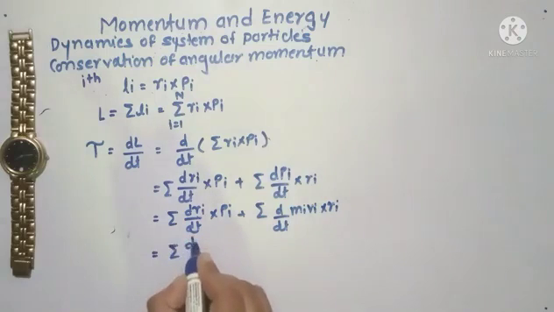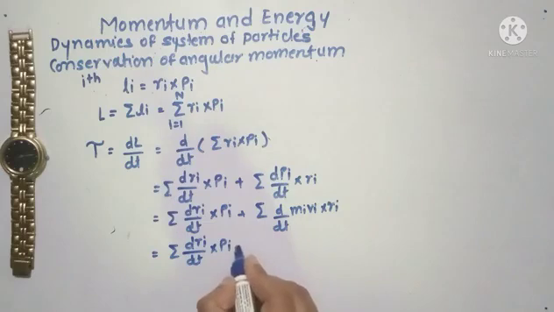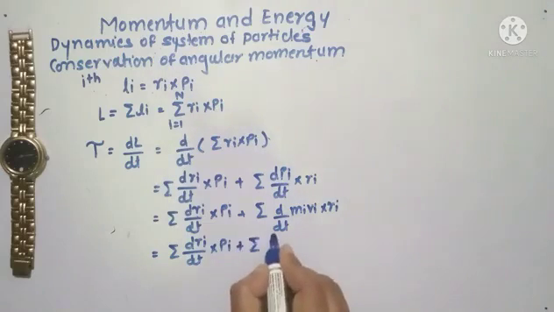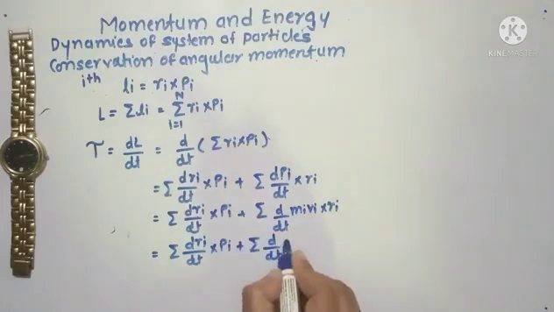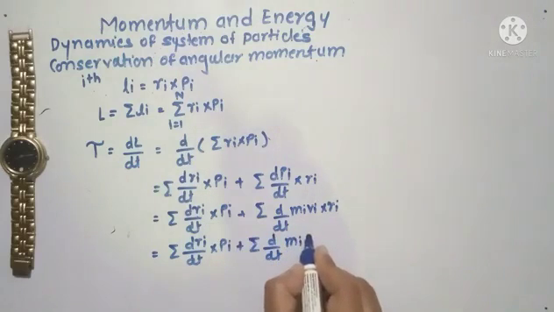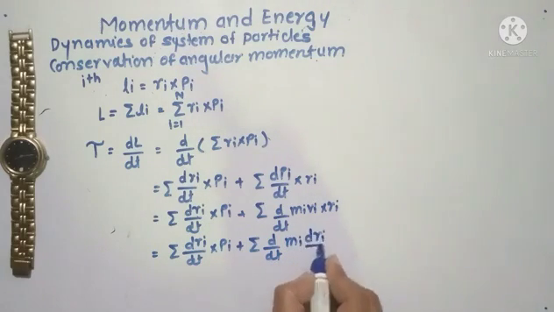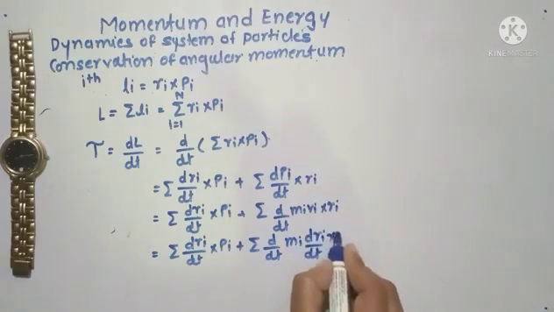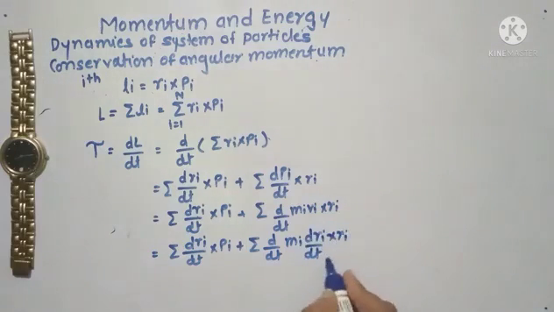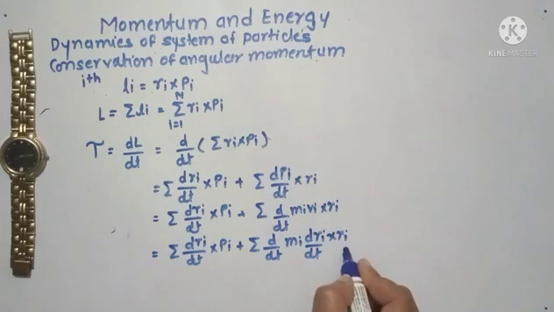So summation of dri upon dt cross Pi plus summation of this d by dt of mi dri upon dt cross Ri. And we know that the cross product of any vector with itself will be equal to 0. So dri upon dt cross this dri upon dt will give us 0. So this right hand side term will become 0.